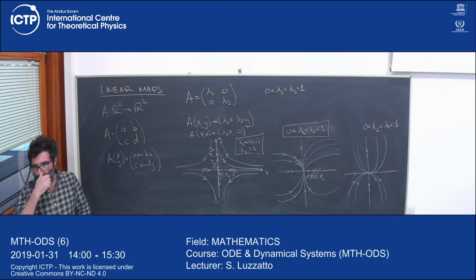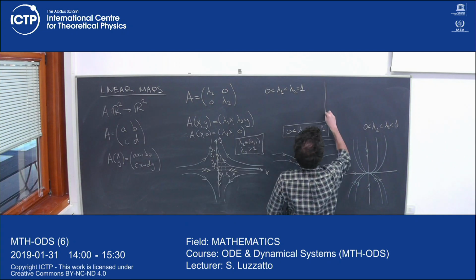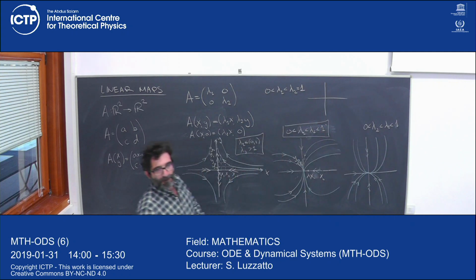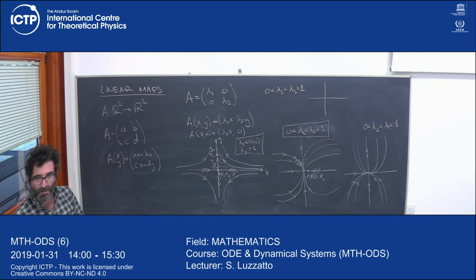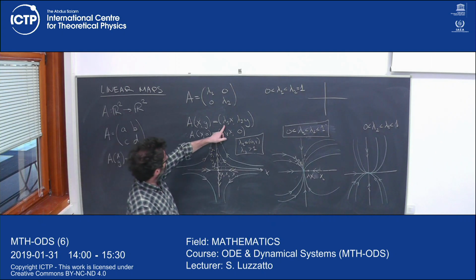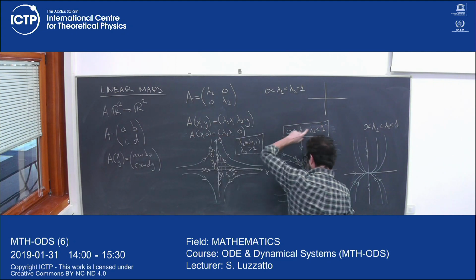Then what happens in that case? Since lambda 2 is equal to 1, then in the vertical direction it is the identity. Right? In the vertical direction it is just y goes to y.